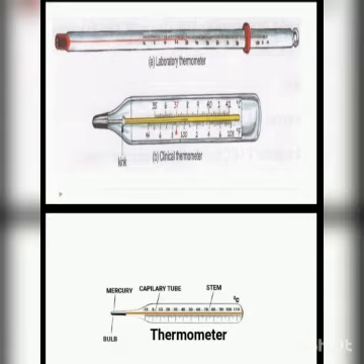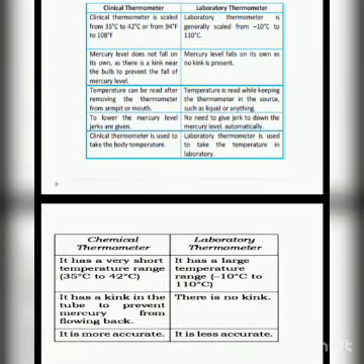Why is it so? Because of one feature, the kink. The kink prevents the mercury from flowing back. The basic principle of working of the thermometer is based on the kink. In the laboratory thermometer there is no kink.